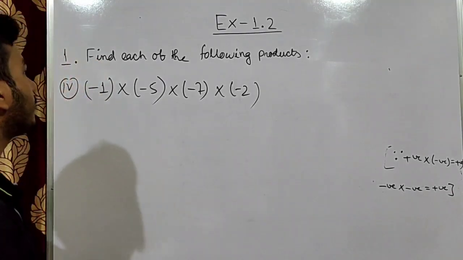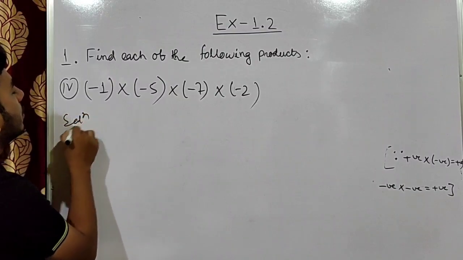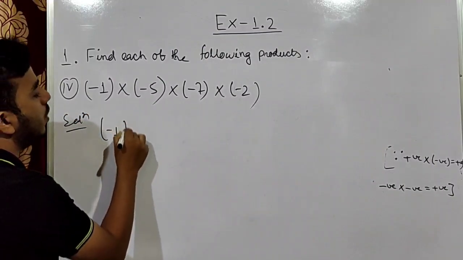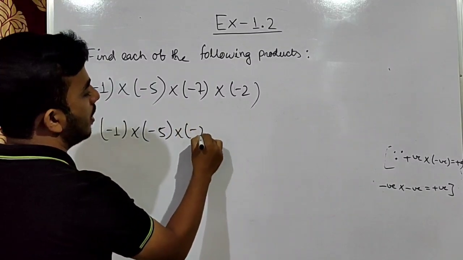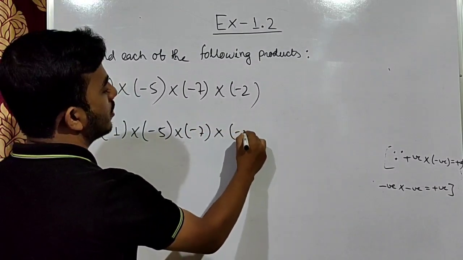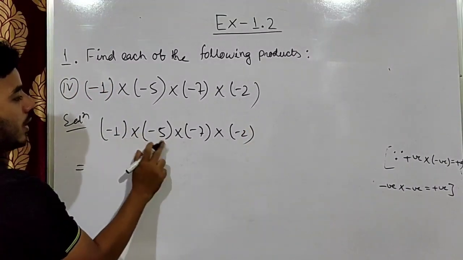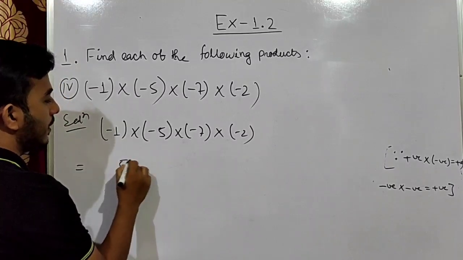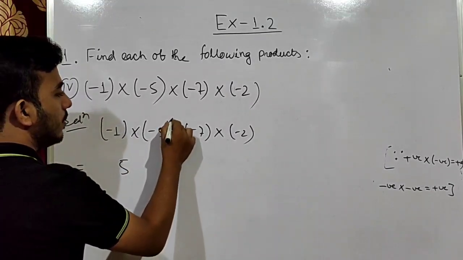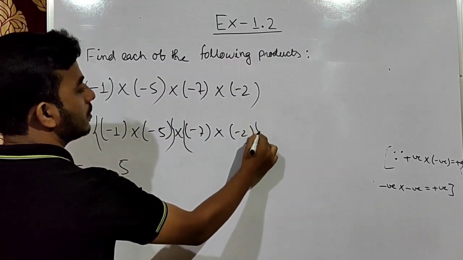Okay, so let's start. Solution: minus 1 into minus 5 into minus 7 into minus 2. So first, let us multiply these two. Minus 1 into minus 5 will be 5. Clear? Here is the second bracket.